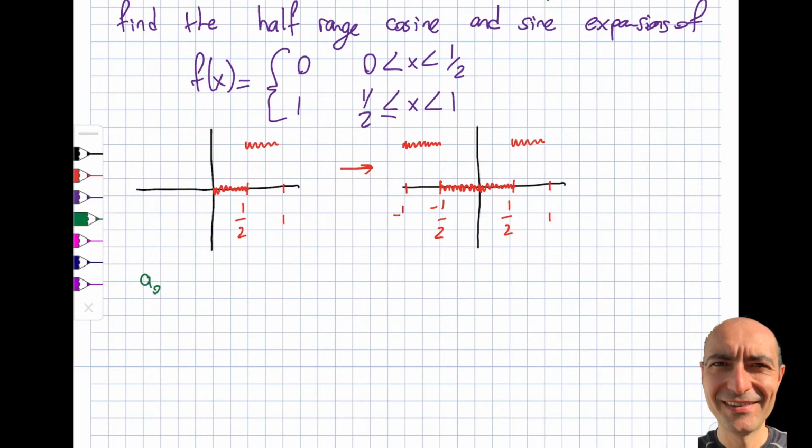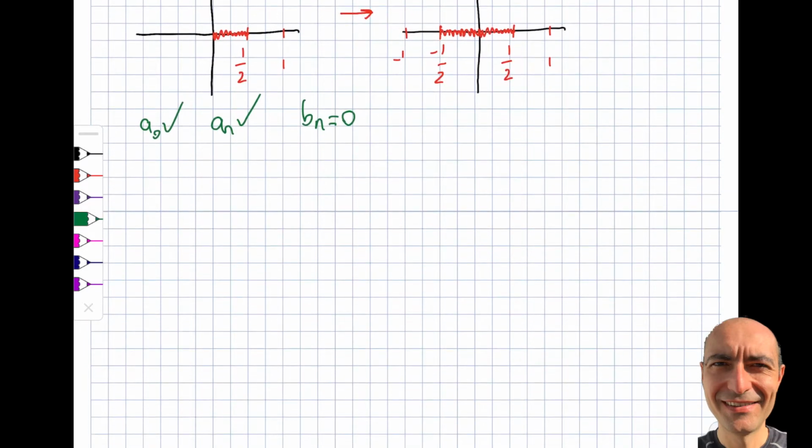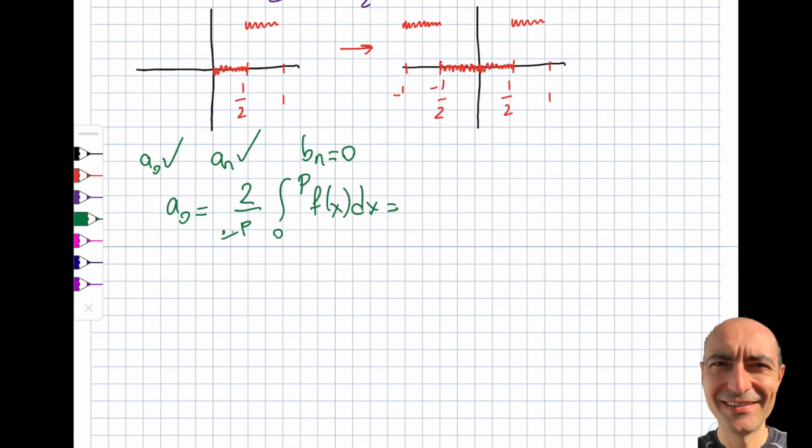I will have my a0 present, an present, bn will be equal to 0. So I will find my a0 and an. As I gave you a relatively simple equation, it will not be that bad of a case, and this will illustrate how to find the p as well. So p in this particular case is 1, because it now becomes minus 1 to 1.